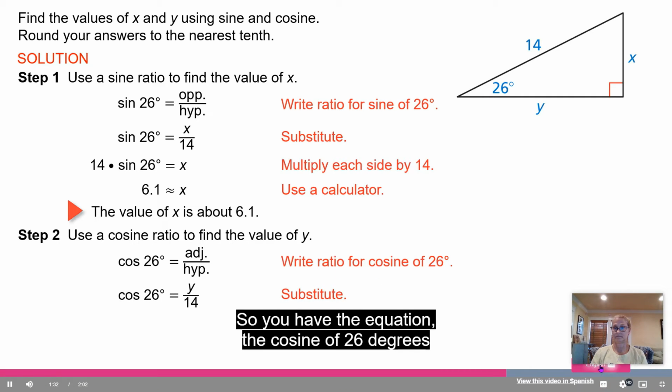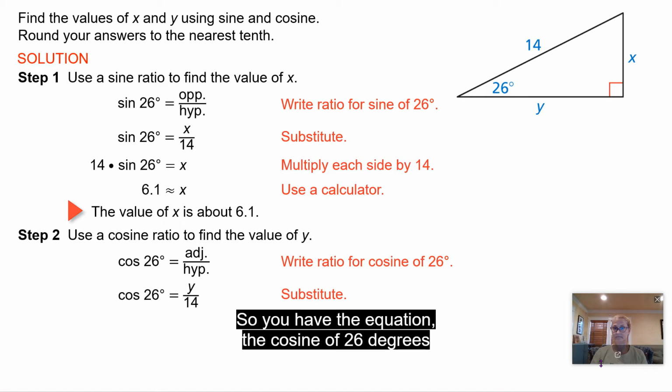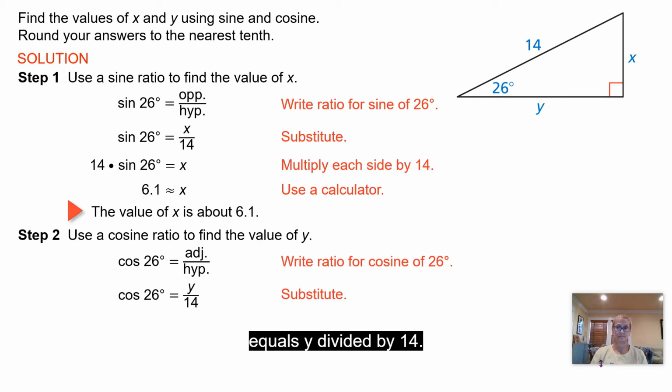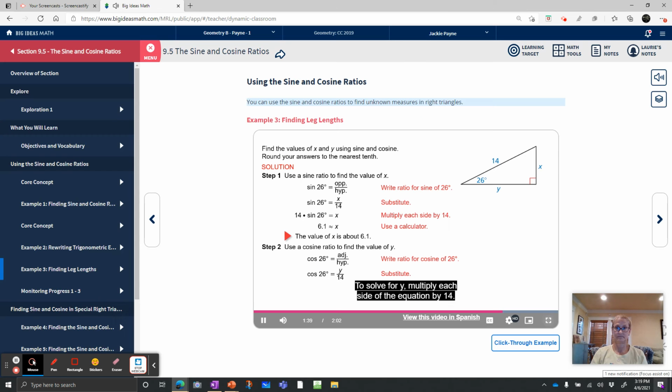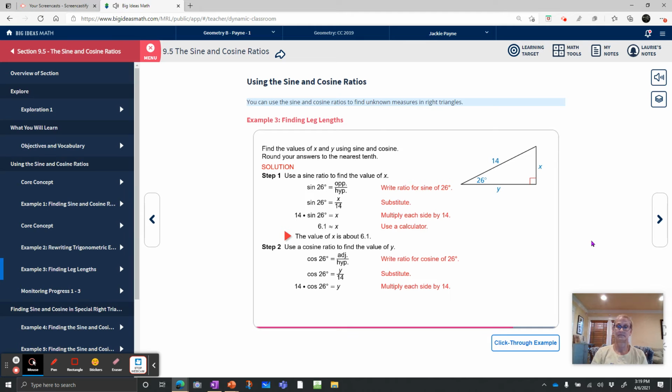So, you have the equation, the cosine of 26 degrees equals y divided by 14. To solve for y, multiply each side of the equation by 14. This gives you 14 times the cosine of 26 degrees equals y. Using a calculator, you get 12.6 is approximately equal to y. So, the value of y is about 12.6.